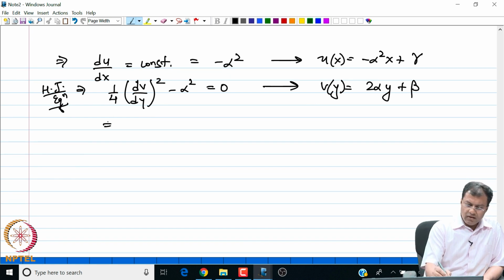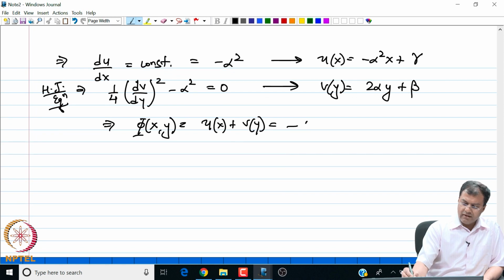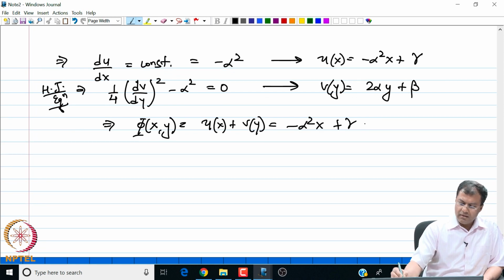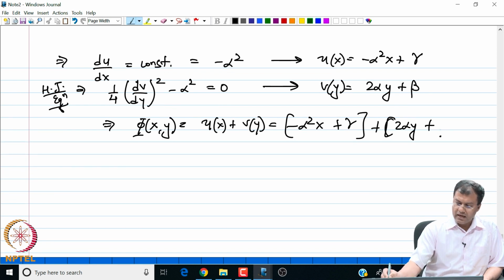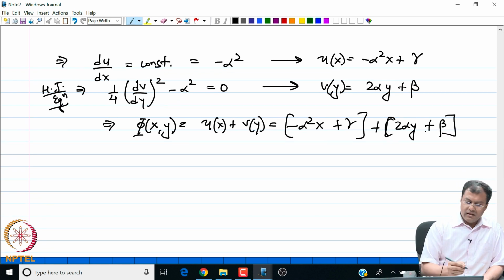So, my generating function phi of x comma y is u(x) plus v(y), which is also equal to minus alpha square x plus gamma plus 2 alpha y plus beta.